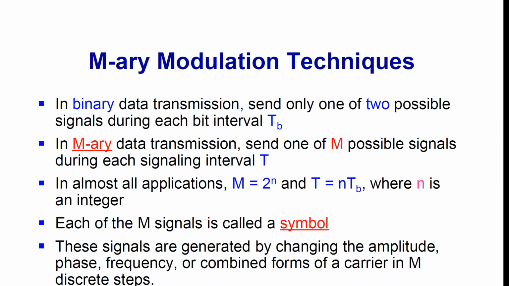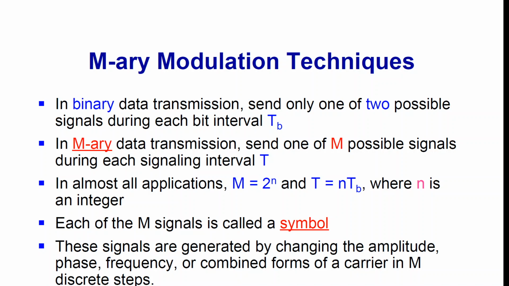If BPSK, we will use a particular phase, and if it is BFSK, we will use a particular frequency. We have seen that. So during a bit interval TB, you will transmit only one bit, or a signal corresponding to one bit. So either 0 or 1.